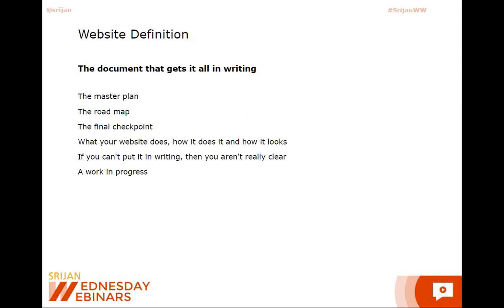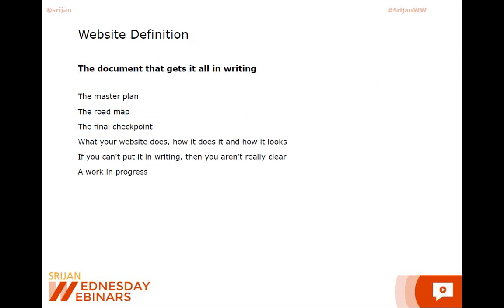And the better job you can do of creating your website definition document, the better website that you're going to build. If you can't put it in writing, then you're not really clear on what it is that you're aiming for. So if you can't get it into your website definition document, then you probably haven't thought about it enough, and you need to put more time into it.